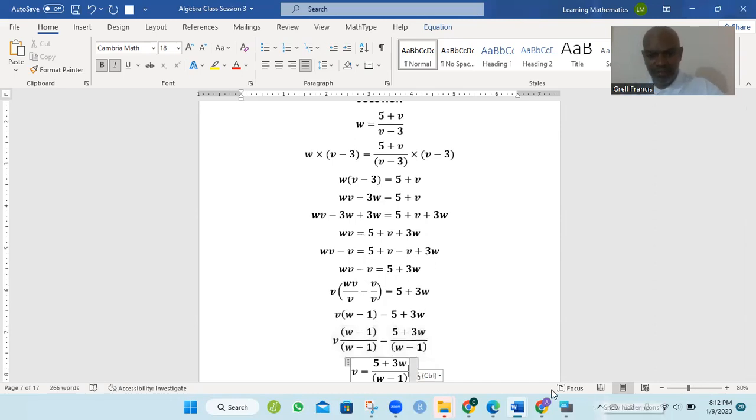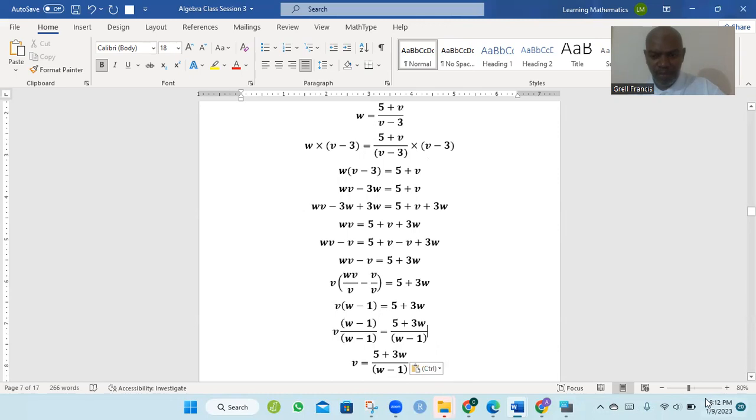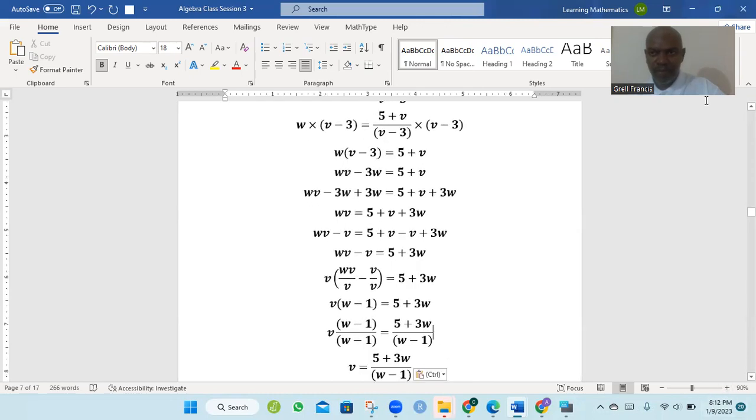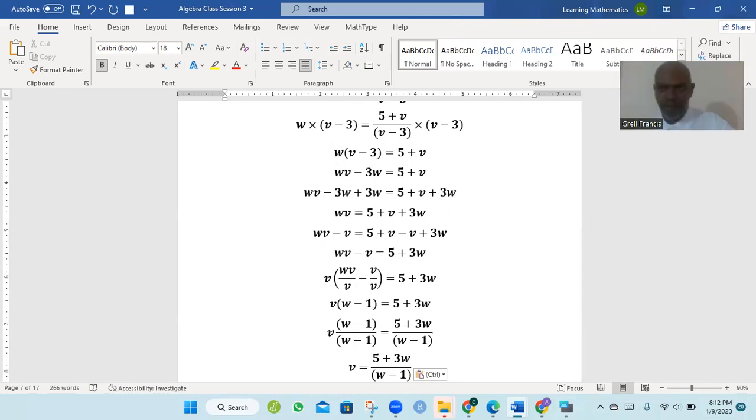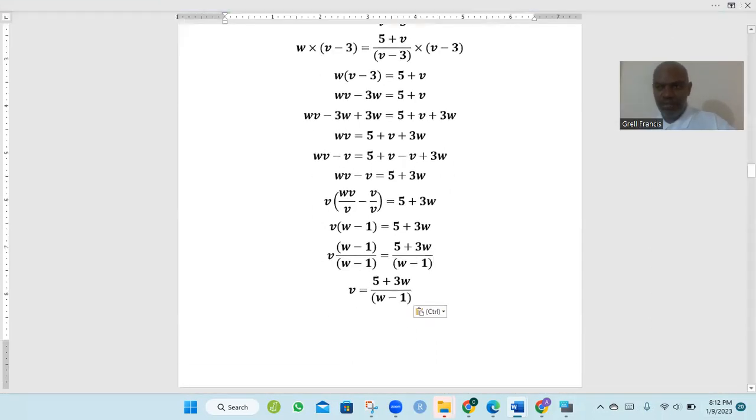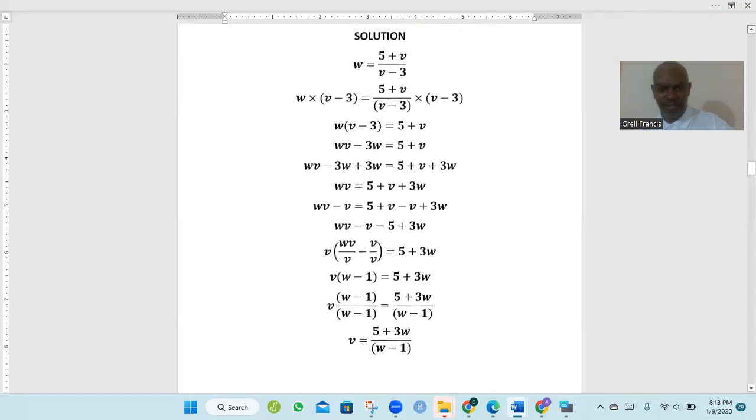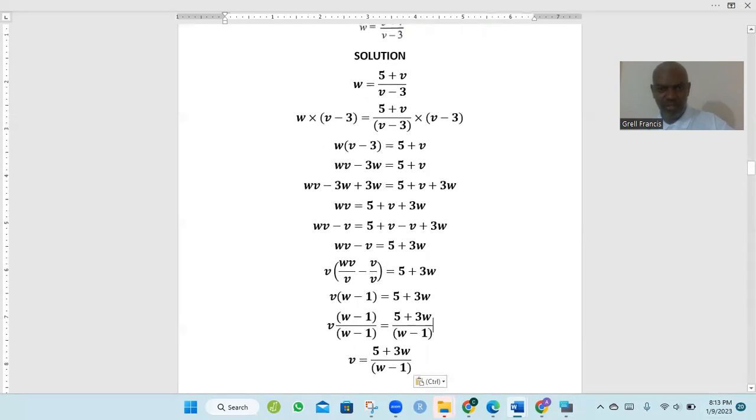So that's the answer. Right now we have V by itself. V is the subject of the formula now. V equals 5 plus 3W divided by W minus 1.